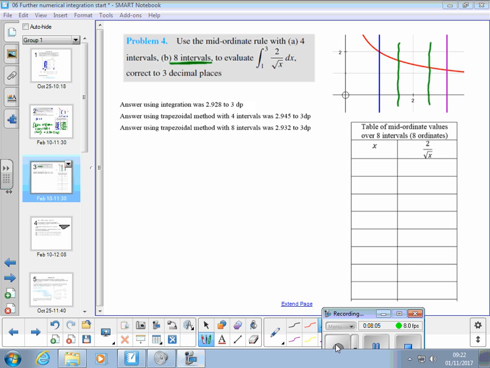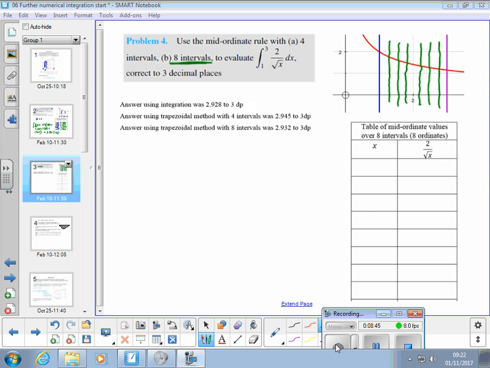In the last problem we had 1, 1.5, 2, 2.5, 3, and so our midpoints were halfway between 1 and 1.5. We're now going to split each of them in 2 again. So our width of interval, instead of being 0.5, is now 0.25. The midpoint is going to be half of 0.25 along, so it's going to be 1.125, 1 1/8.